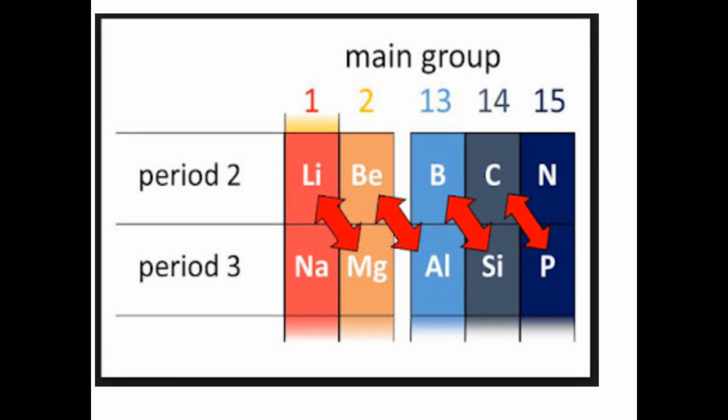For lithium and magnesium, for instance, they will form normal oxides. Lithium does not form the peroxide and superoxide that sodium and potassium will form. So both lithium and magnesium form normal oxides. They both form a stable nitride. And they both form covalent organometallic compounds.